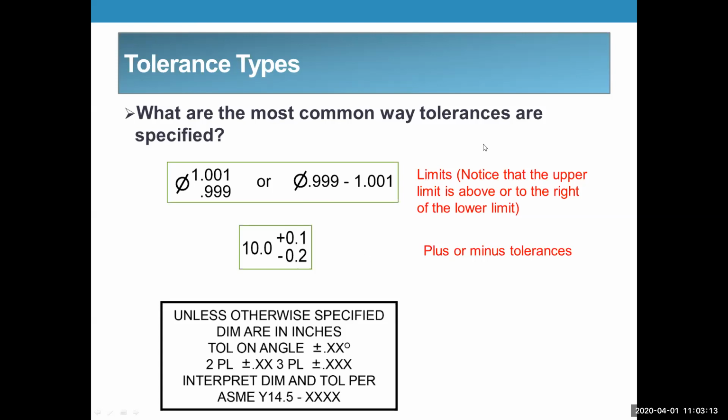Undersized, plus a certain amount oversized, minus a certain amount undersized. And then for anything that isn't specific to the dimension, we go back to the tolerance block and the title block, and use those dimensions, those tolerances to control our part.